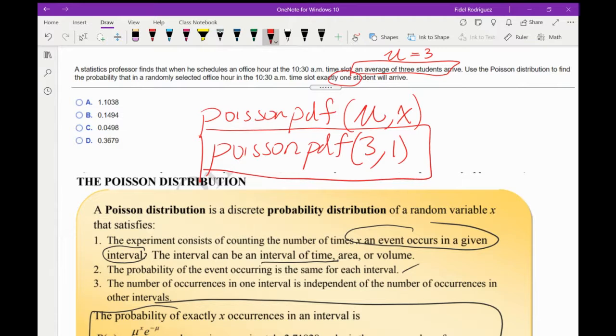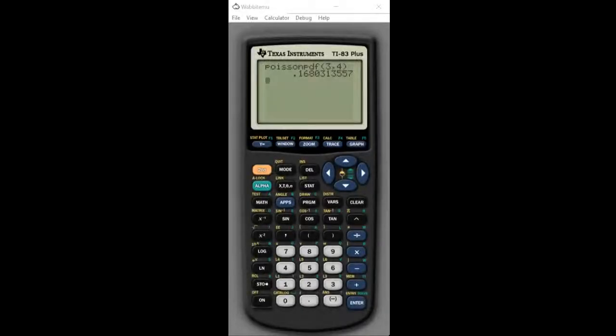Okay. So let me do that on my calculator again. Let's see, window, here we go. So it should be coming up now. I'm going to go second bars. Let's scroll all the way down until we find the Poisson Pdf. We said our average was 3, and we're looking for the probability that exactly 1 student shows up.